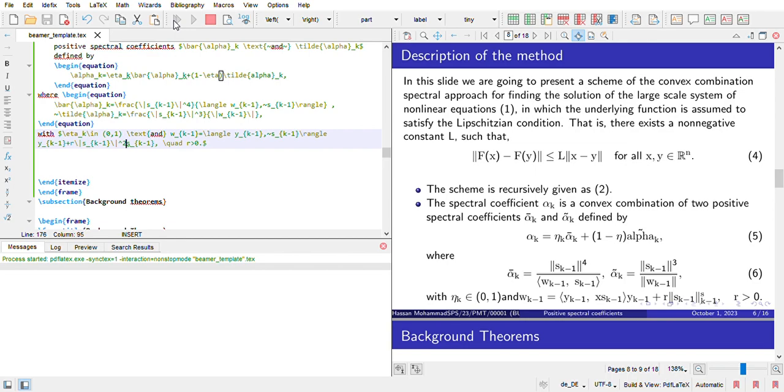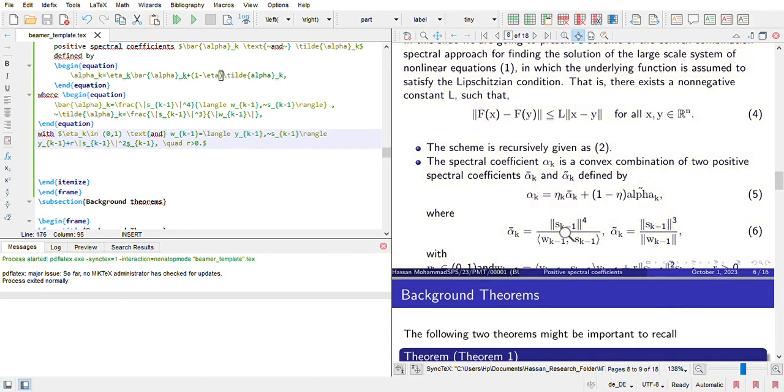And there is also an additional problem: I didn't put space between eta_k and w_k. Look at it, it even goes out of the slide, but I will make sure it comes inside. I don't want anything to be outside the slide.